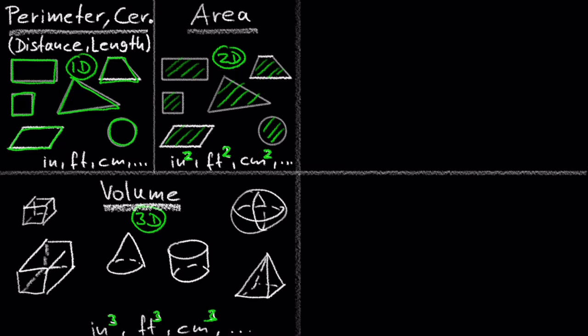Let's calculate the volume of a cuboid, also called a rectangular solid, or most commonly, a rectangular prism. A rectangular solid or prism is an object in which all 6 sides, called faces, are rectangles.